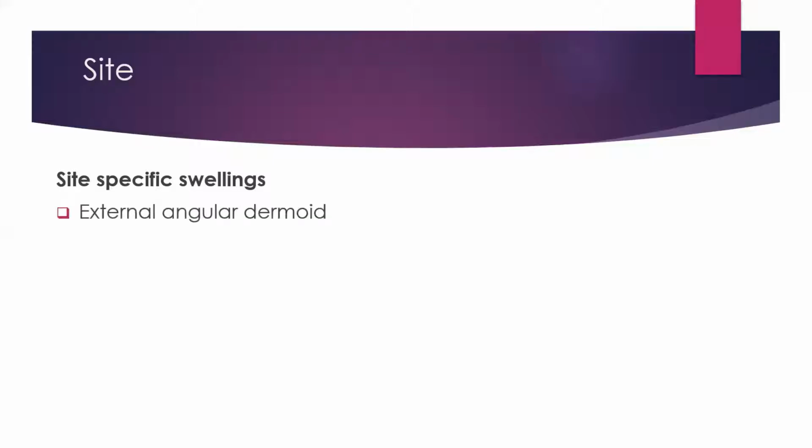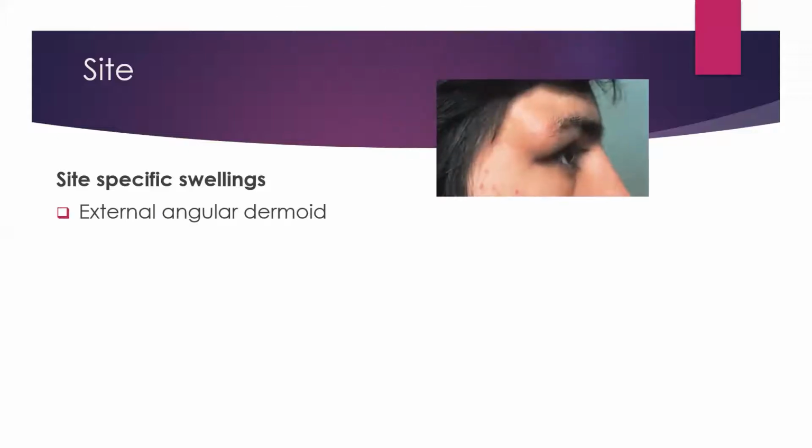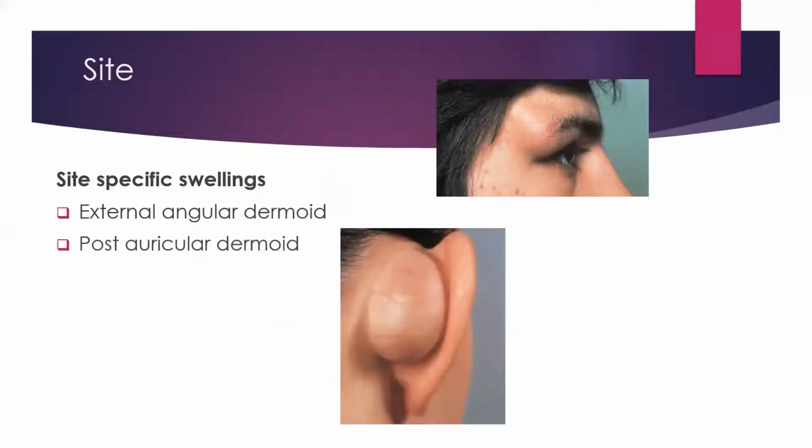Now, on inspection, first of all, we have to mention the site. And there are some swellings which are very specific for the site, like external angular dermoid, which you all know occurs at the external angle of the eye, or postauricular dermoid, that means behind the ear, or meningocele, which may occur in the spinal lumbosacral region, or even the cervical spine, or even at the root of the nose.